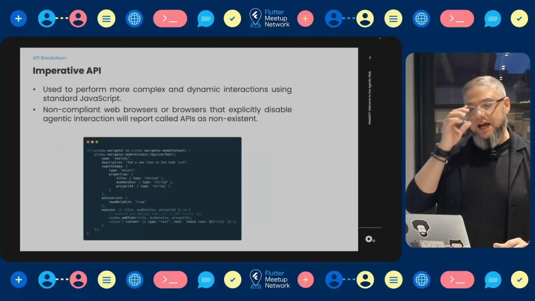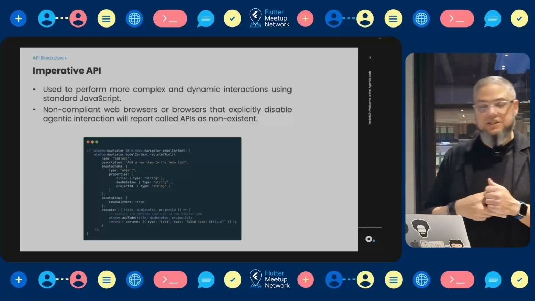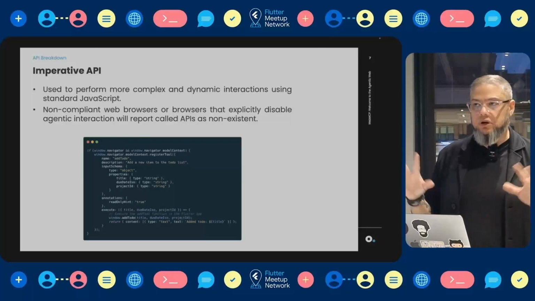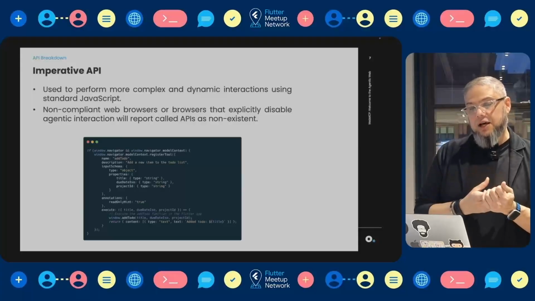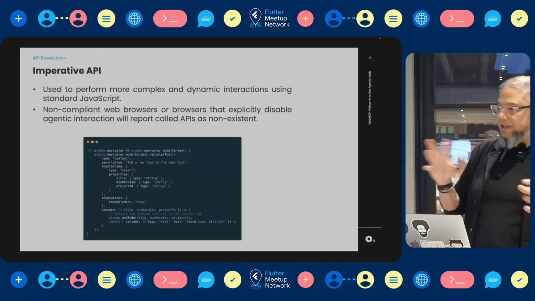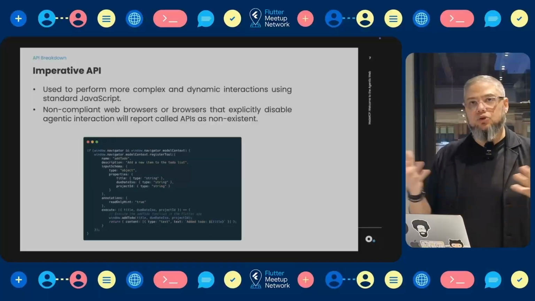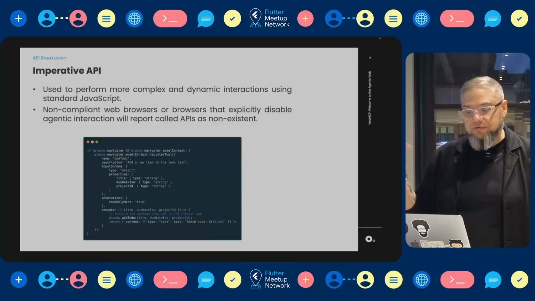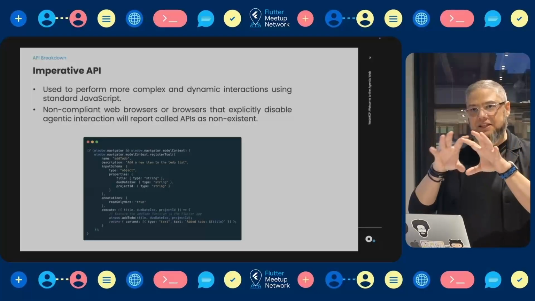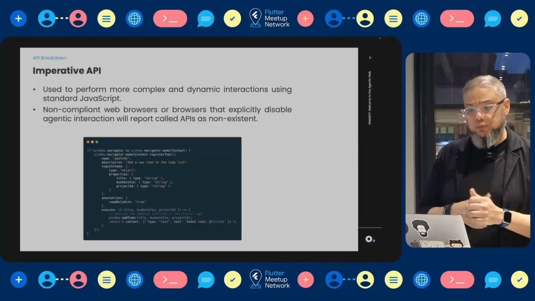The second API is the imperative API. The imperative API is through JavaScript, pretty much exclusively. It's usually the best option to perform more complex actions, for example, more complex stuff that in the context of a simple HTML form is difficult to do.